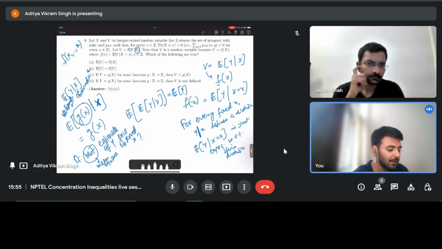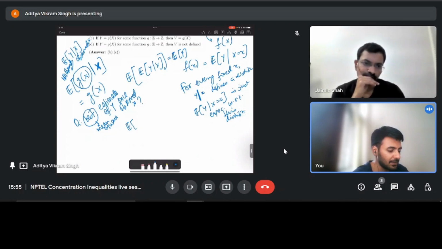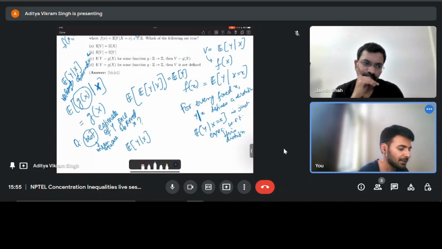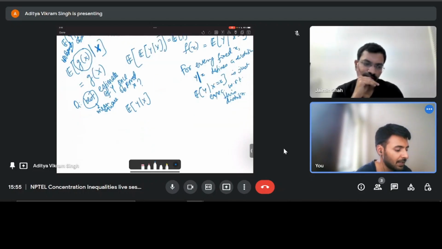You can show that this is just expectation of y given x. This is what conditional expectation can be viewed as, and if you take expectation again, it's just expected value of y. This is called the Tower property of conditional expectation.